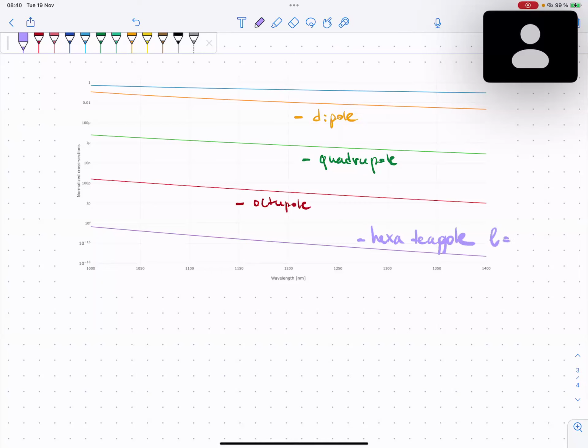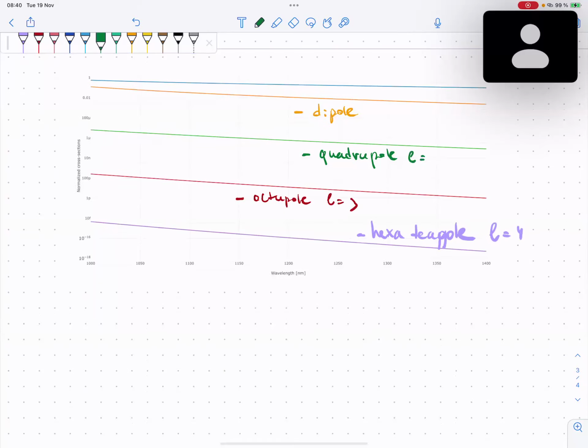Basically, this is L equal to 4, this is L equal to 3, this is L equal to 2, and this is L equal to 1.